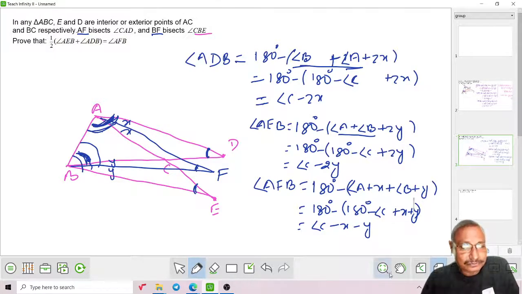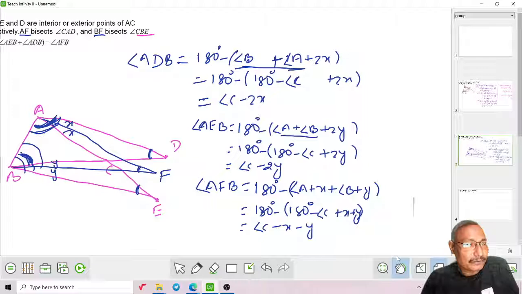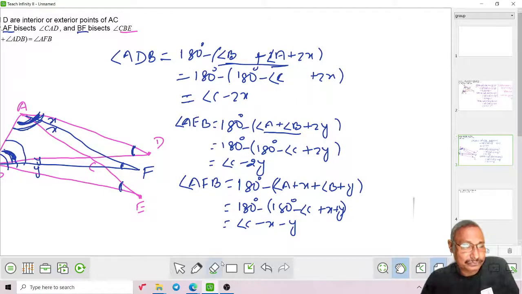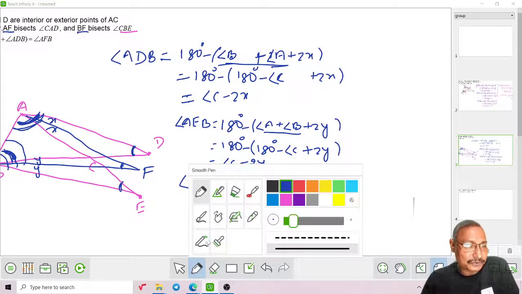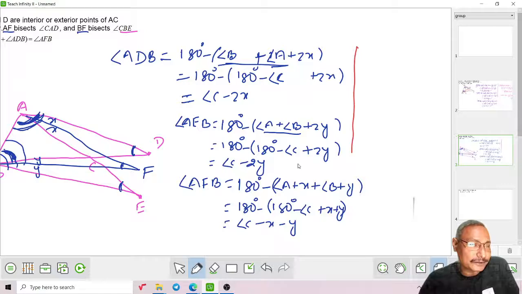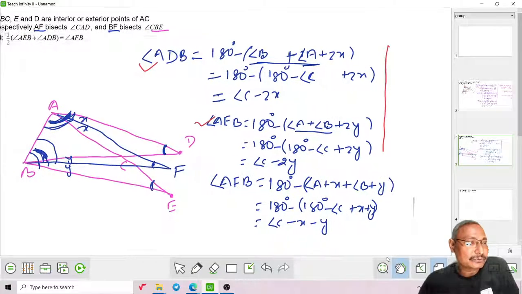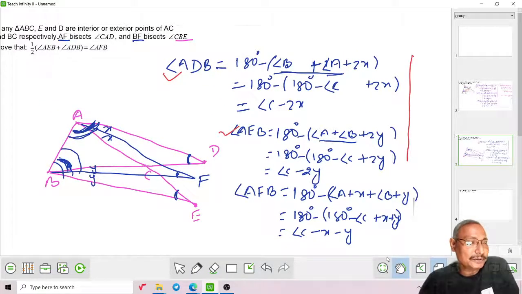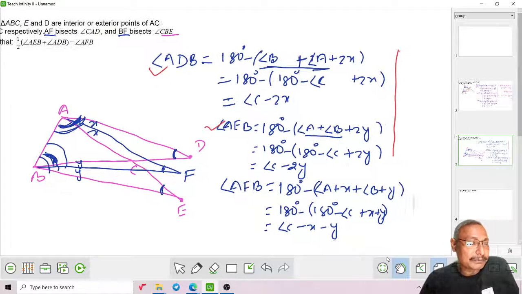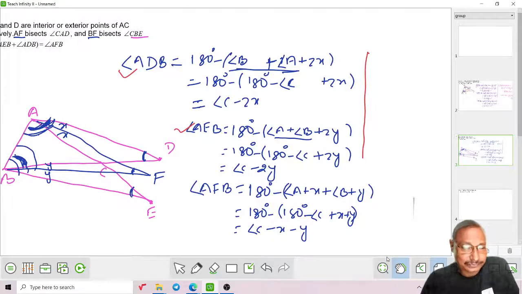Now add these two angles, because we are to know the sum of these two, AEB and ADB. First of all, we will find the sum of these two.